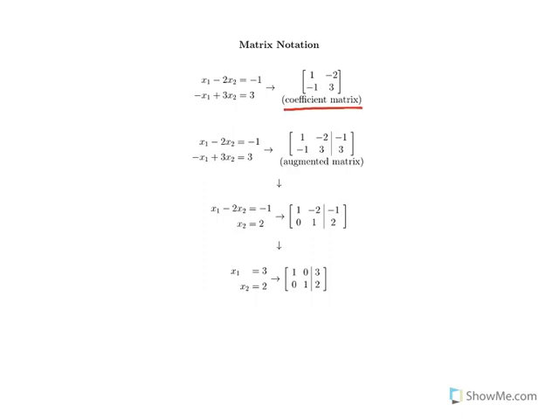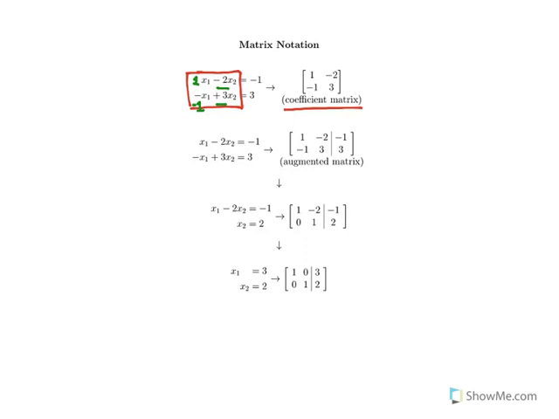And the coefficient matrix just ignores everything on the right-hand side of the equal sign. And you look at the coefficients in front of the variables. We have a 1 there, a -1 there, the -2, and the +3. And those correspond to the 4 entries in our matrix.